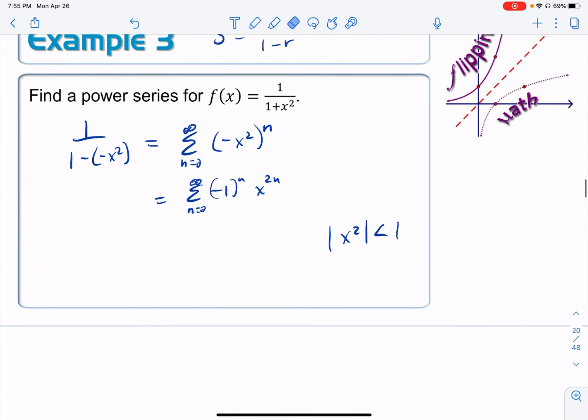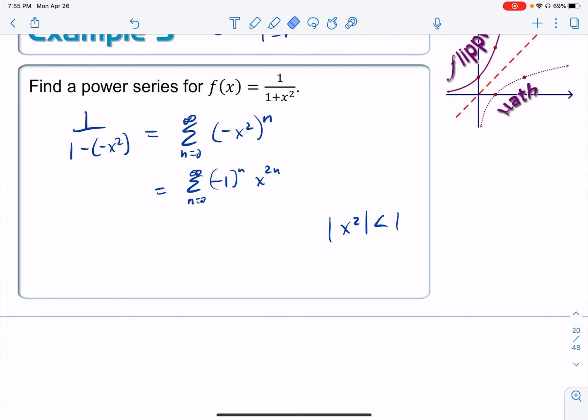So we know that that is in between a negative 1 and a positive 1. This is significant, right? Because the domain of this function is all real numbers, but the domain of the power series which represents this function is only from negative 1 to positive 1. It diverges everywhere outside of that.